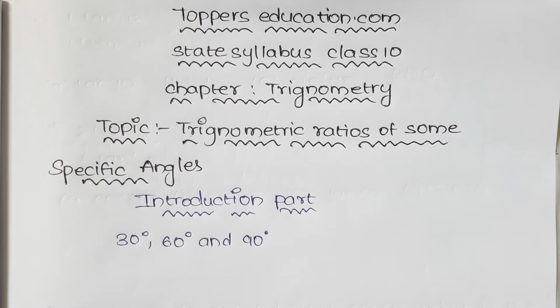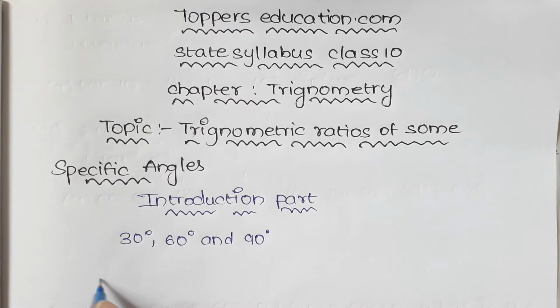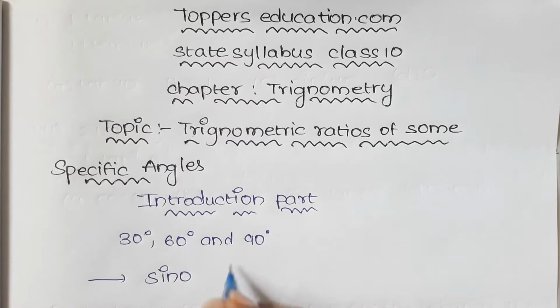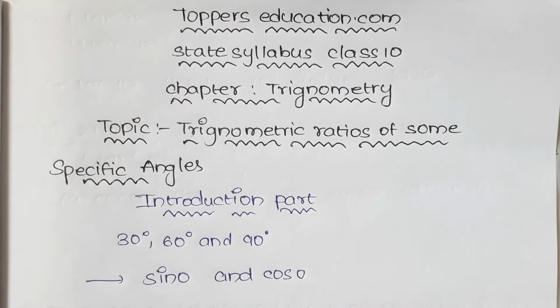These are the questions. Yes, we can find them. Let us see how to find all those. And here, do sin 0 and cos 0 exist? All these questions should be answered here.